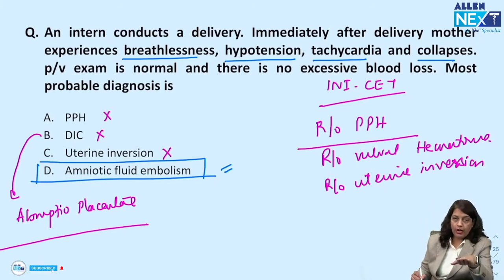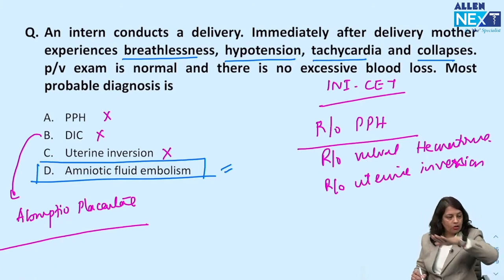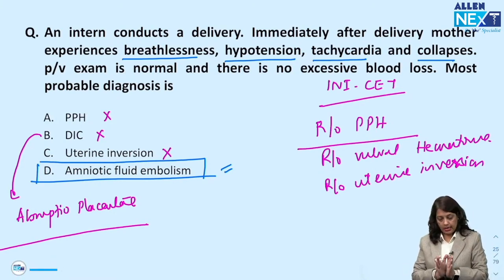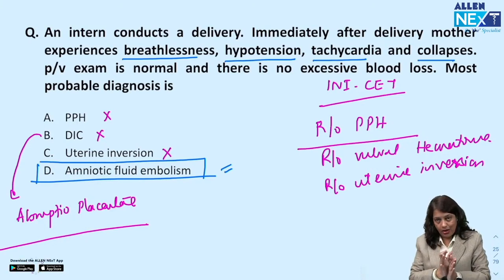In amniotic fluid embolus, the patient has delivered, suddenly she starts gasping, with breathlessness, tachycardia, collapse, and is gone, and you're trying to find out the cause. 2-3 cases like this happened to me when I was doing my post-graduation in Obs and Gynae at VMMC Safdarjung Hospital.